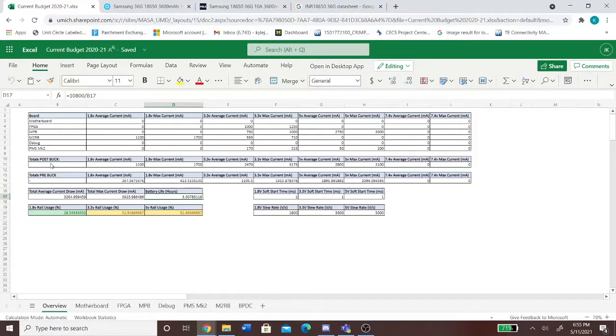For the pre-buck, you set up the equation V in times I in is equal to V out times I out. In this case, I out is going to be 1100 milliamps, and we don't know I in right now.